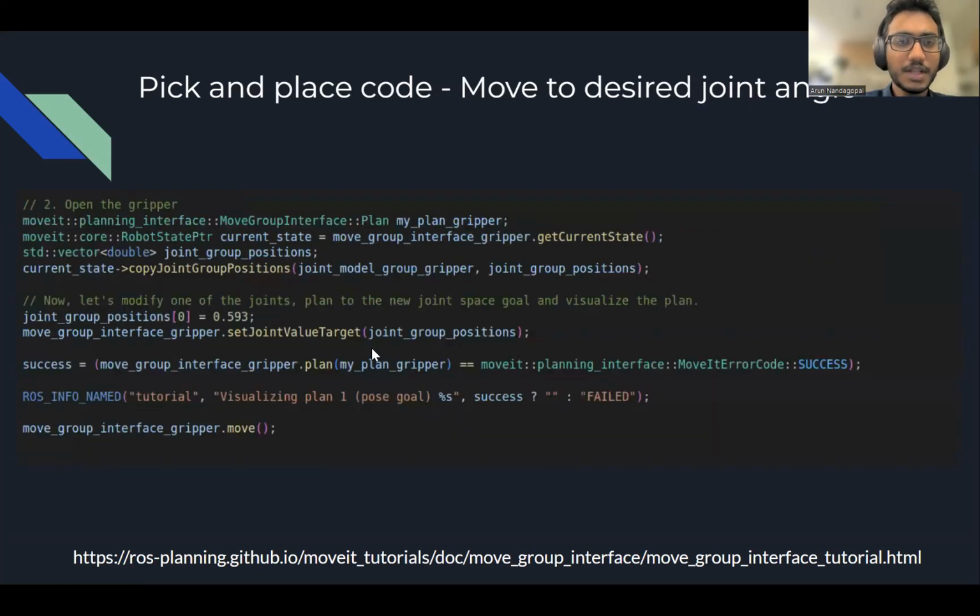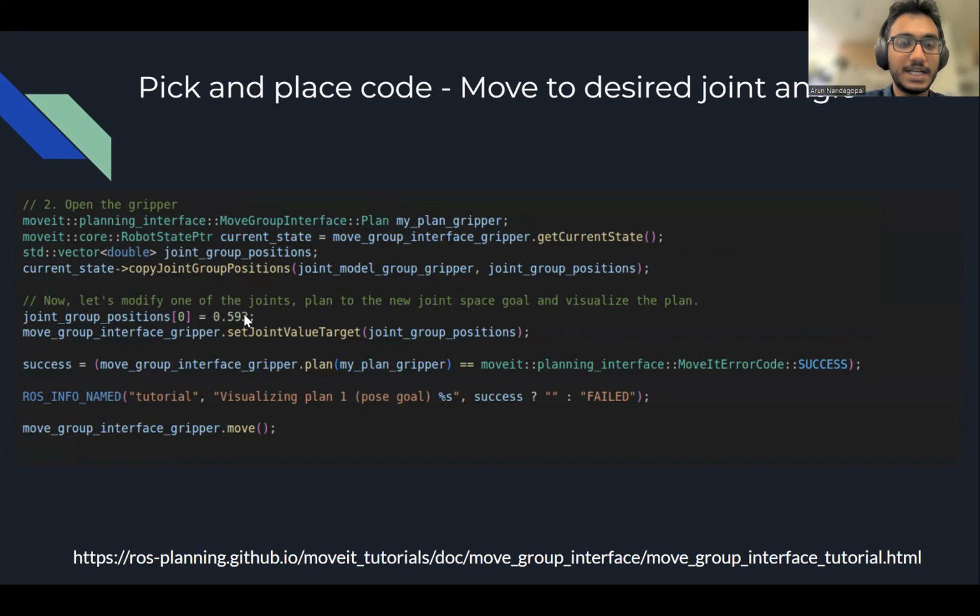Now, in order to control the gripper, it's similar in the sense that it too has a MoveGroup interface. We call that my plan gripper. What changes here is that we don't have any predefined positions.